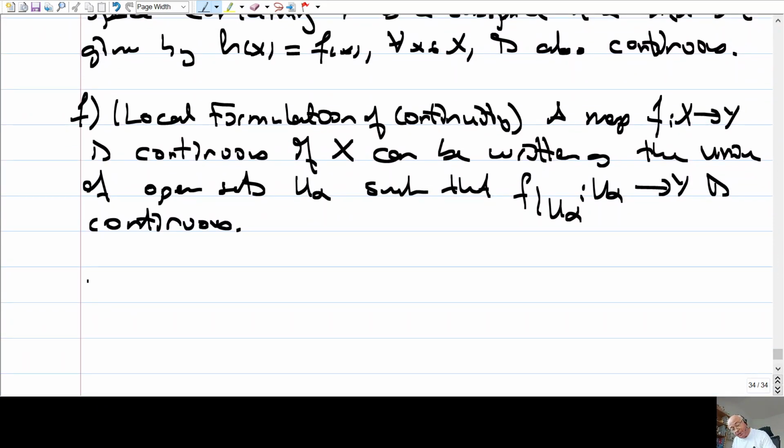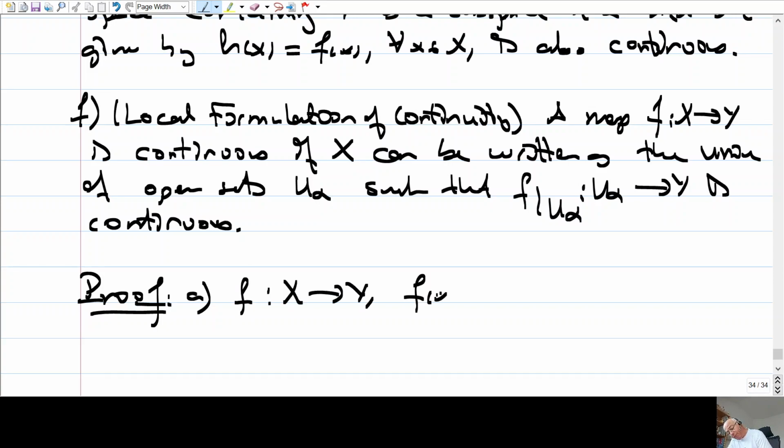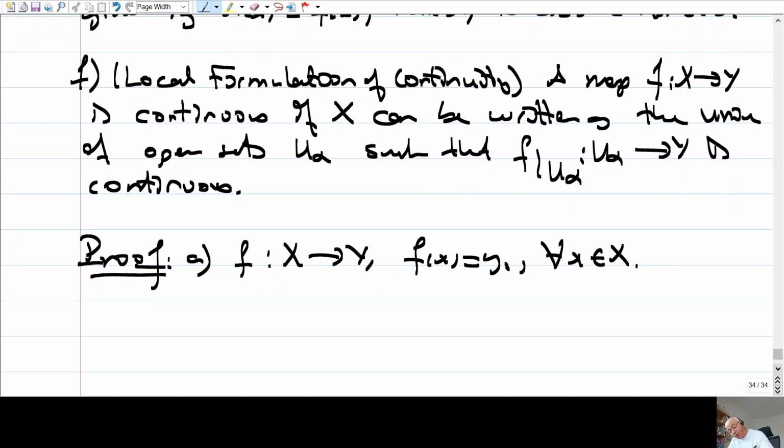Now let's see why these results are true. First, we have the constant map from X to Y, so that f of x is equal to y0 for all x in X. Well, this is continuous. Why is that? What is the inverse image of any set?